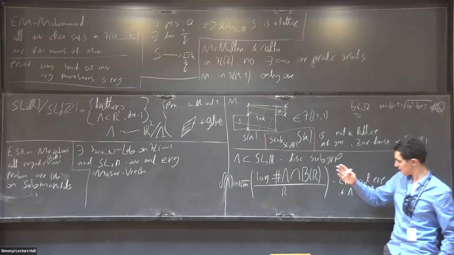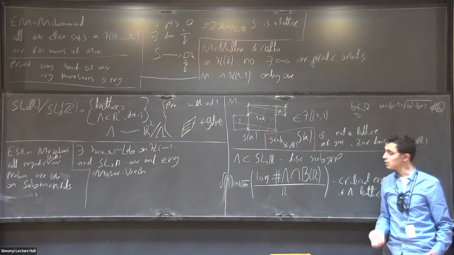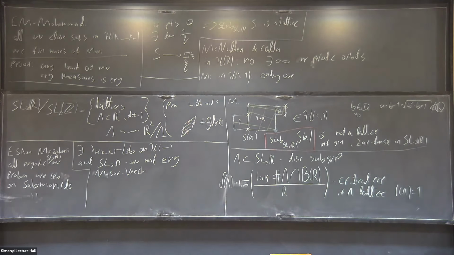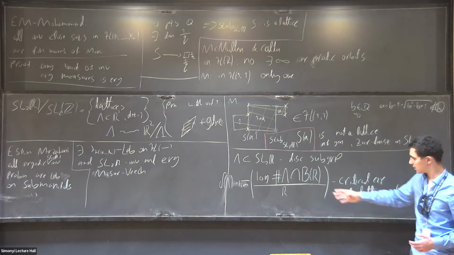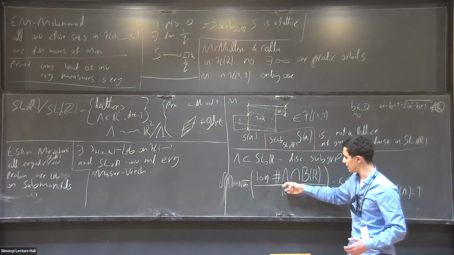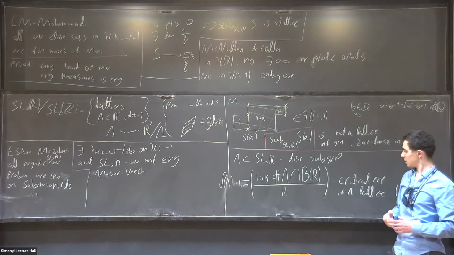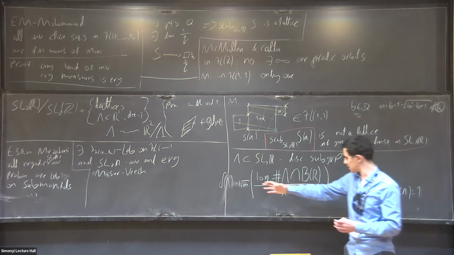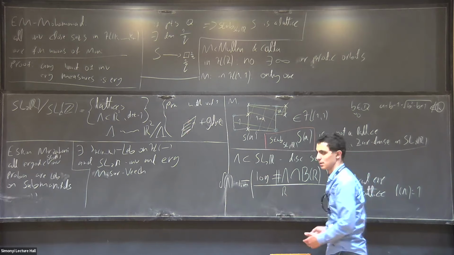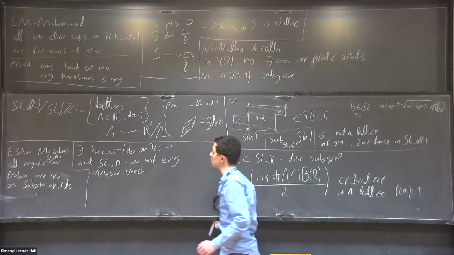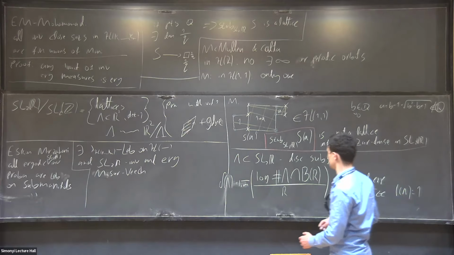If lambda is Zariski dense, then the critical exponent is positive. As Peter said, the dimension of the limit set of lambda is the critical exponent if lambda is finitely generated, but not in general. And this is an example that it's false.